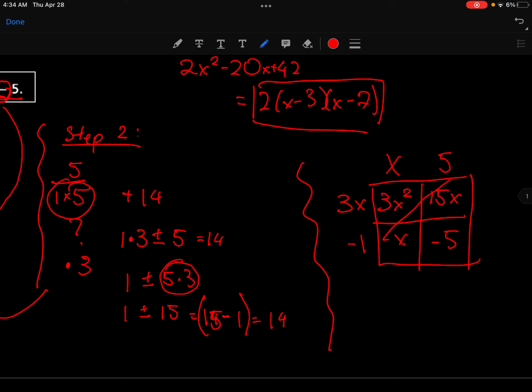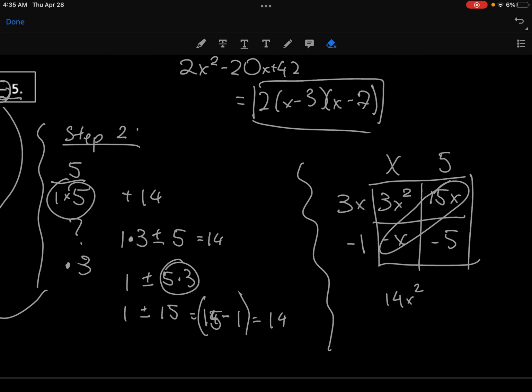Now let's add these two together. Does that give you 14x? The answer is yes. Therefore, this is our factor term. Oops, my bad, guys. Therefore, the answer is 3x minus 1 times x plus 5. And now we are done.